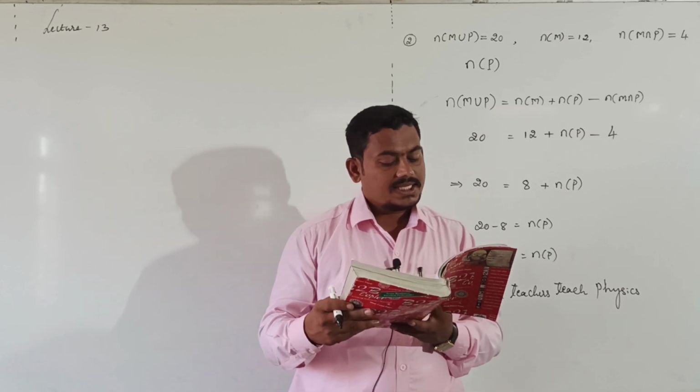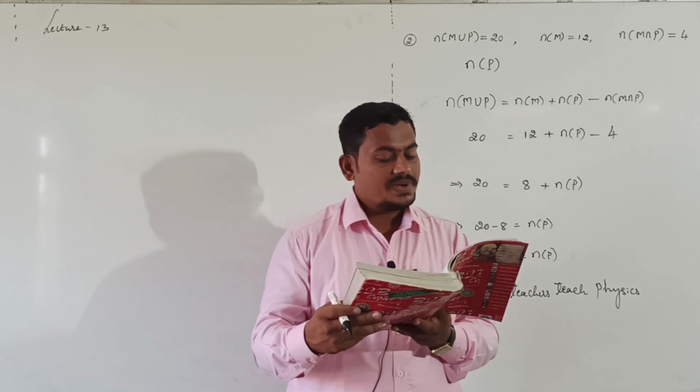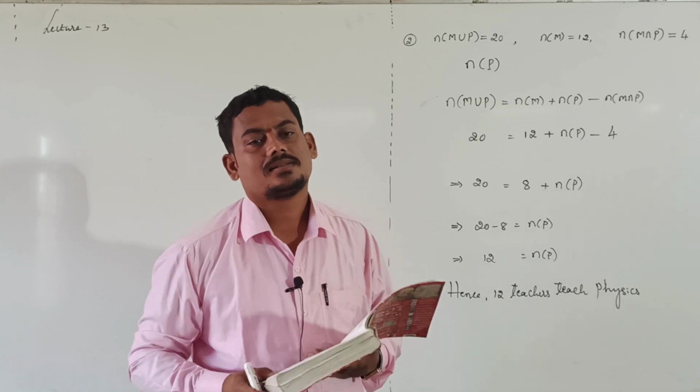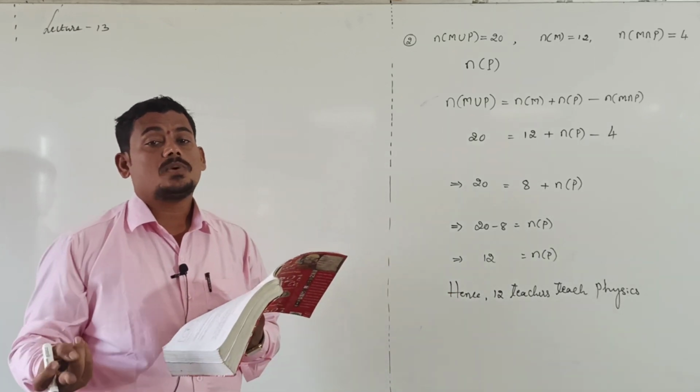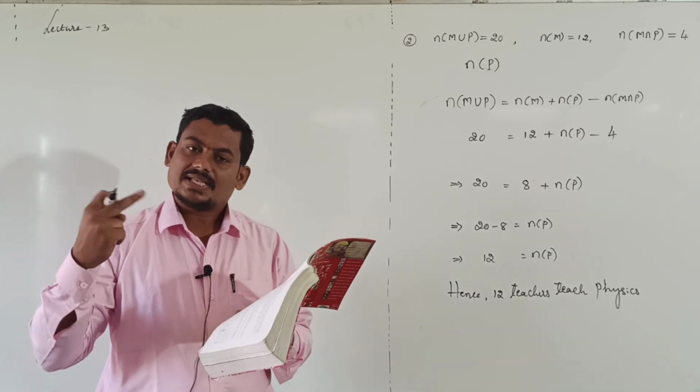Each student likes to play at least one of the two games. How many students like to play both cricket and football? Both cricket and football means intersection.